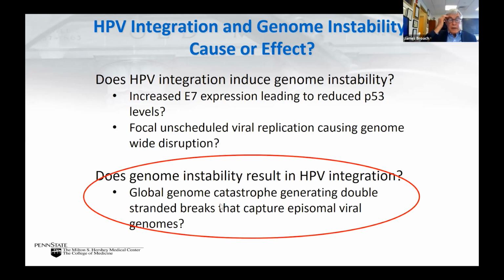That is, we think that HPV, as is the case with cervical cancer, first enters these oral epithelial cells and sets up persistence as an episomal element, and then some sort of genome catastrophe occurs, generating double-strand breaks that result in numerous structural variants within the genome, but at the same time provides an opportunity for broken ends to capture the resident HPV, leading to its integration.